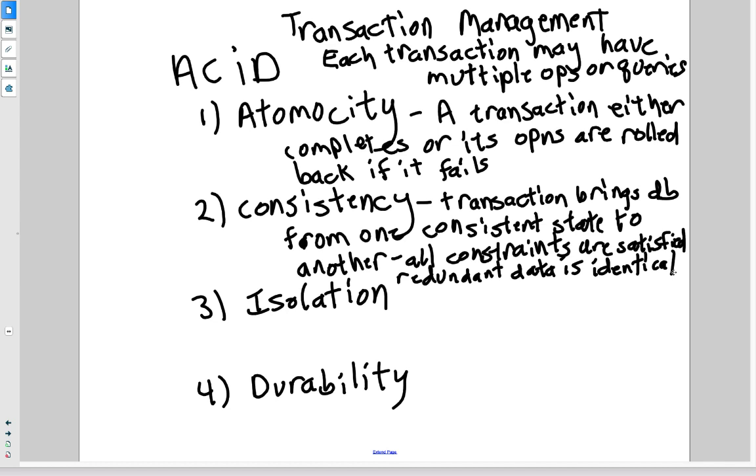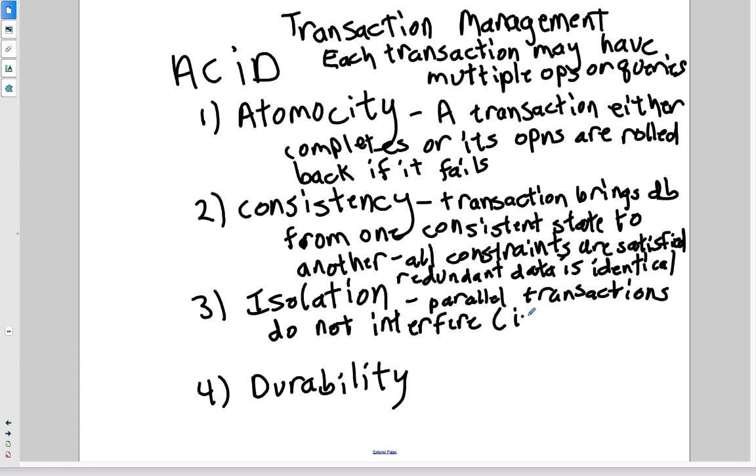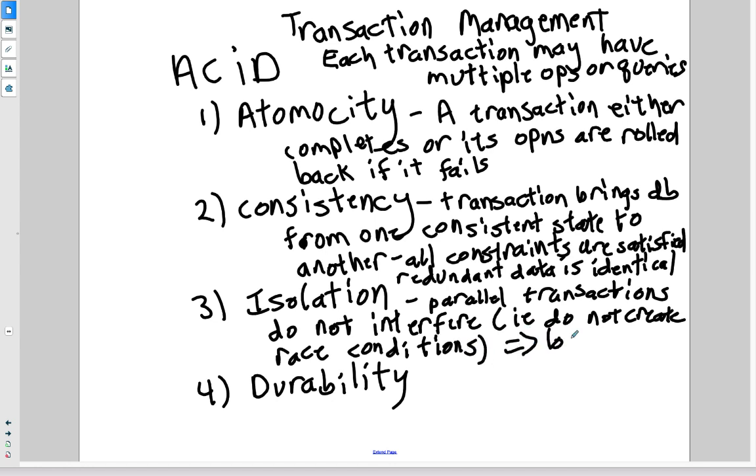Isolation means that transactions do not interfere with one another. So parallel transactions do not interfere or create race conditions. Okay, and that means locking. So that requires locking in order to enforce isolation.